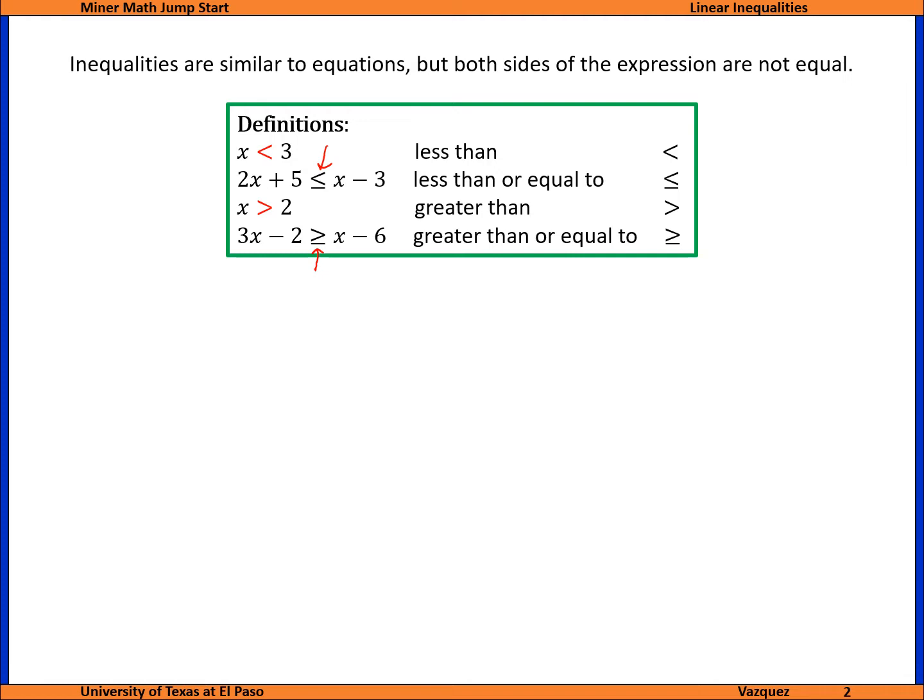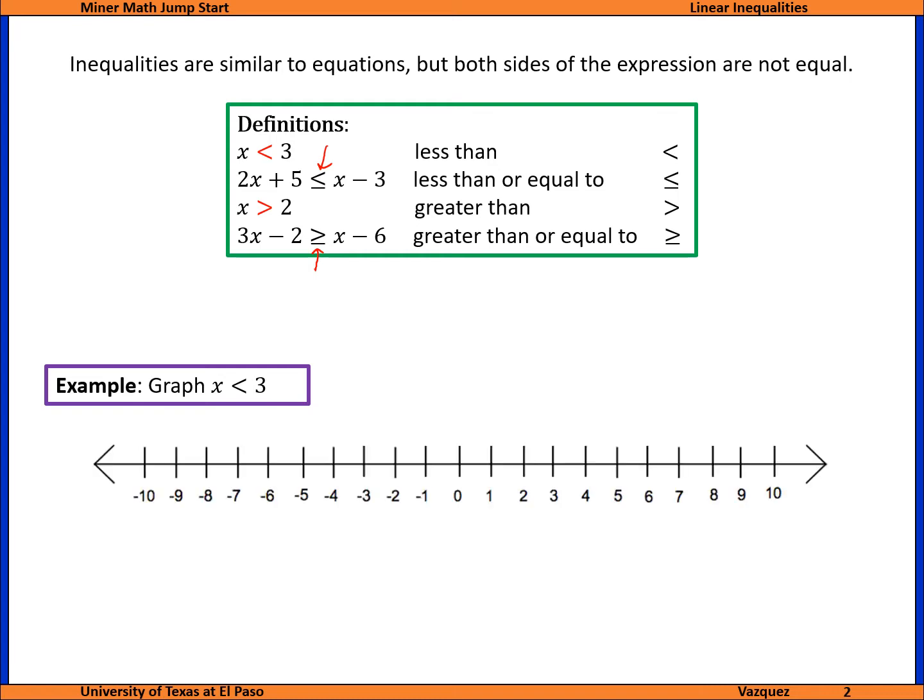And if we were to say, for example, like our very first one, x is less than 3, there's a way to graph that. So on the real number line, we have the negatives, we have 0, we have the positive numbers. And if x is less than 3, that means we'll be at 3. However, we won't shade in that dot or the circle because x can't be 3.